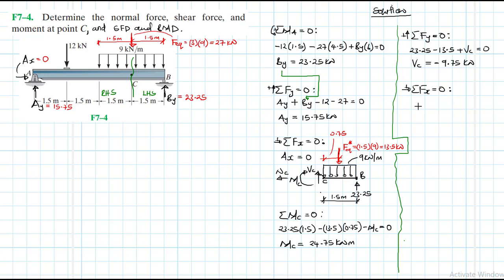Then finally, summation of forces in the x direction. What do we have? Of course, we don't have any force in that direction. Therefore, we expect this NC to just be equal to 0 kilonewtons. So we have found all what the question asked for, and these are the ones I'm outlining.